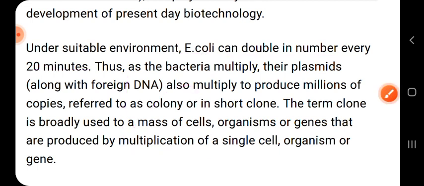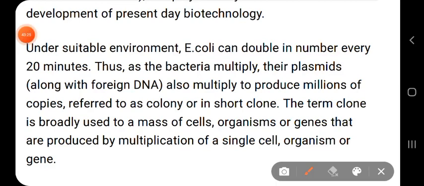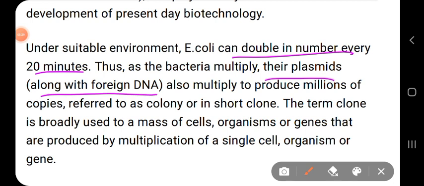So as E. coli's doubling time is pretty short, every 20 minutes they divide. Their plasmids along with the foreign DNA will also divide. So if we can introduce our desirable DNA with vector into the E. coli cell as host cell, at every 20 minutes they are also getting doubled.